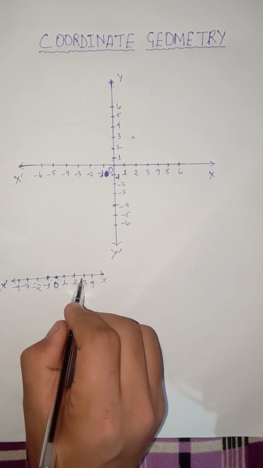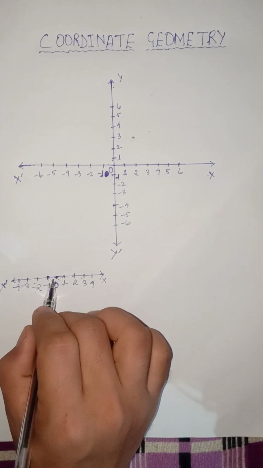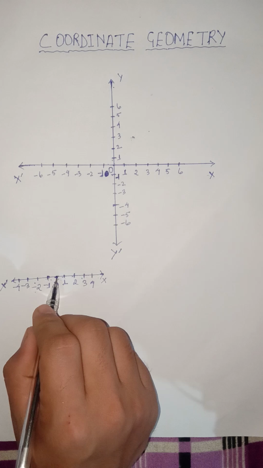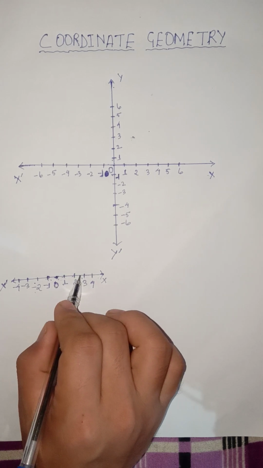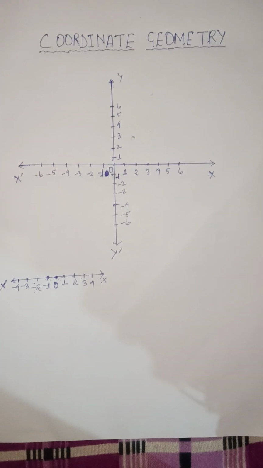So this kind of line with a fixed point, which is 0 or origin, and with a distance of 1 unit, we call a number line, right? So this is the simplest definition of the number line. If it is easy for you, that's good. But if you have any confusion regarding this, you can ask me in the comment section.